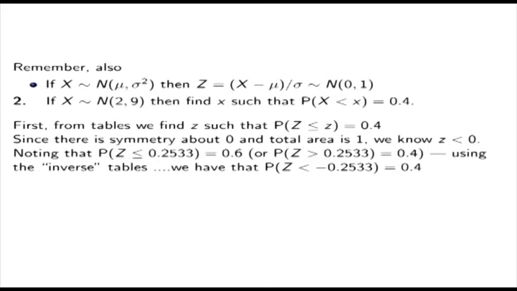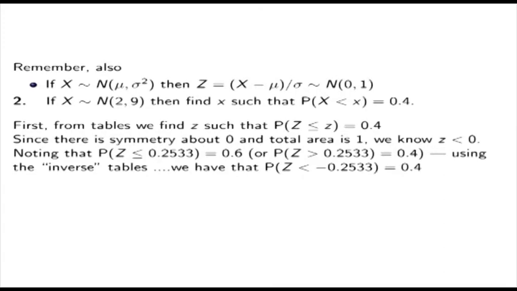Remember, it's symmetric, so the probability of being bigger than a value in one tail is the same as the probability of being less than a value in the other tail. And of course, to get the two tails symmetric, you just change the sign. So what we found is the probability of a standard normal random variable being less than minus 0.2533 equals 0.4.